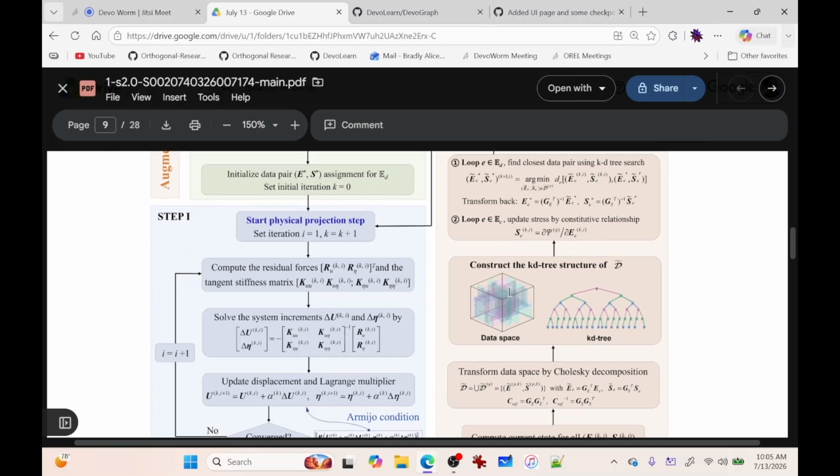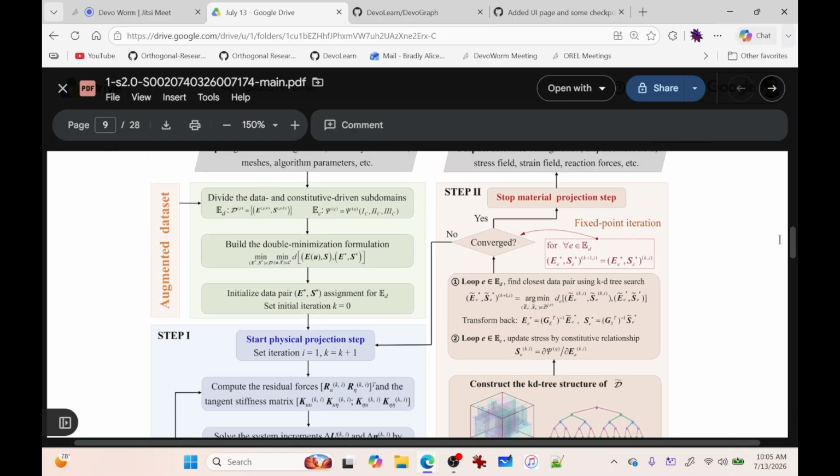Then we construct our KD tree structure of D. So the KD tree structure is usually done by partitioning this space with cubes. So like you're breaking it up into parts, you're subdividing it, and you're generating this binary tree with different levels. So as you break up this data space, you're generating this KD tree. And that describes these pairs in relation.